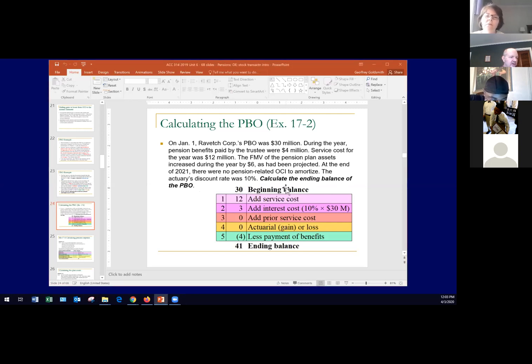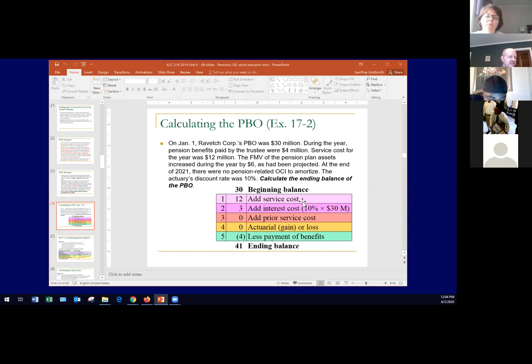At the beginning of the year, which was the end of last year, the amount of pension benefits that they owed was $30 million. We would first add the service cost, the pension that they earned during the year, 12 million.